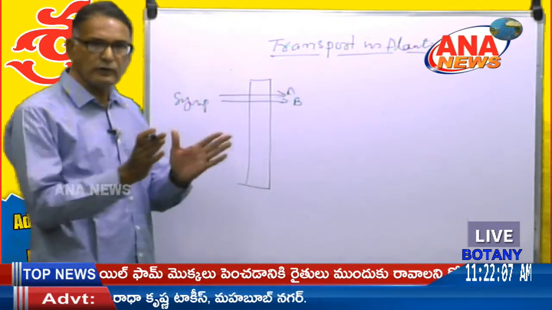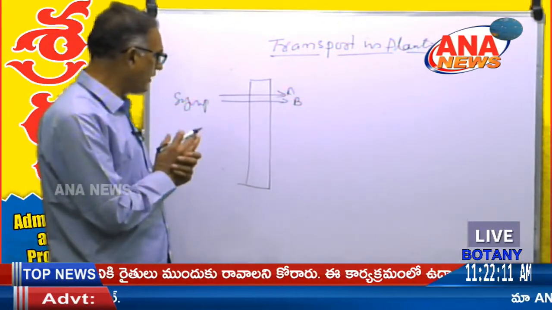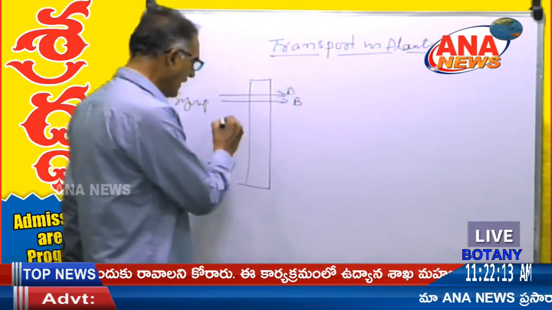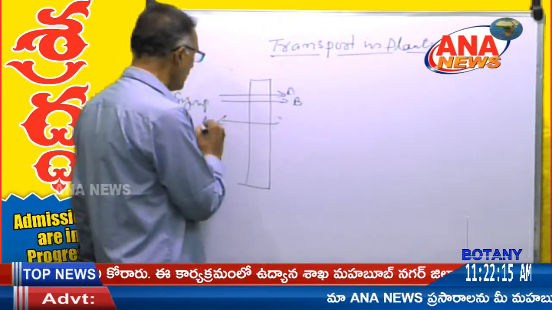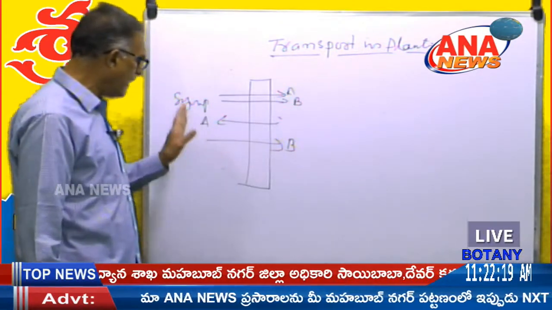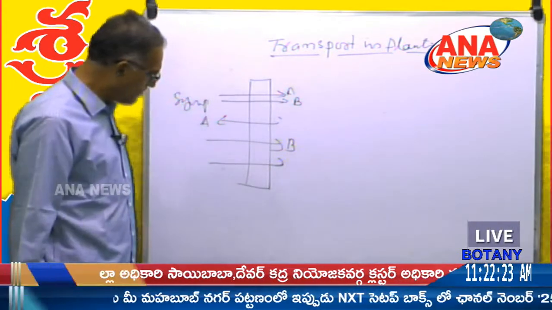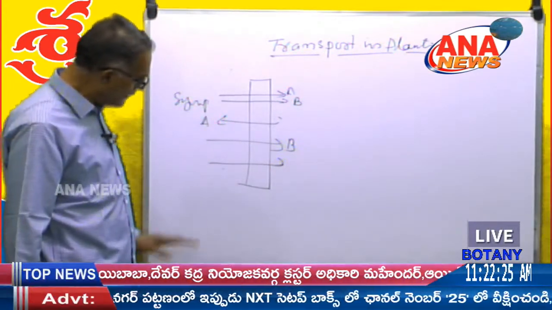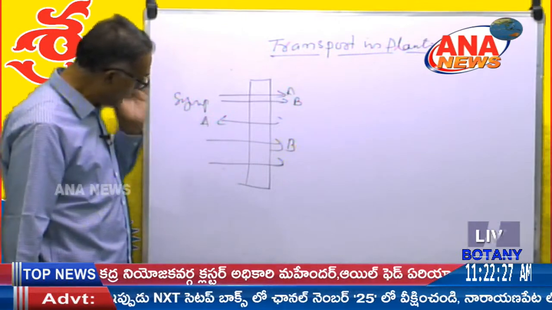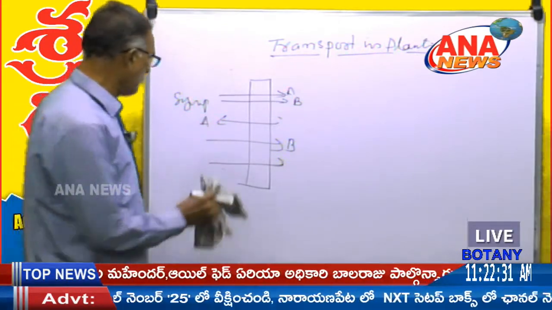Both substances move together in one direction. In antiport, the substances move in different directions across the membrane at the same time. A substance which passes across independently, without other molecules, is called uniport.